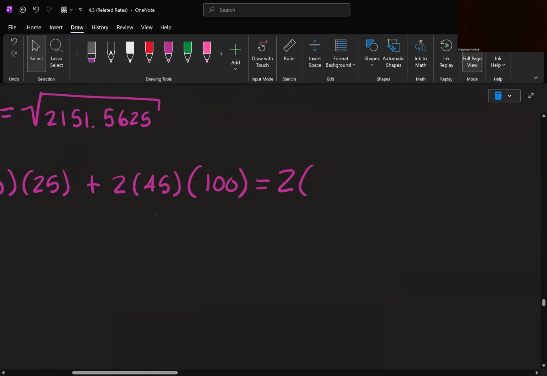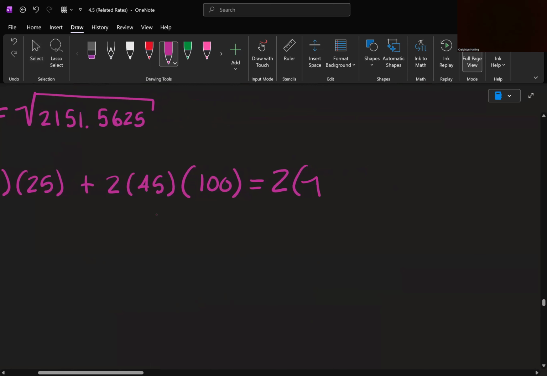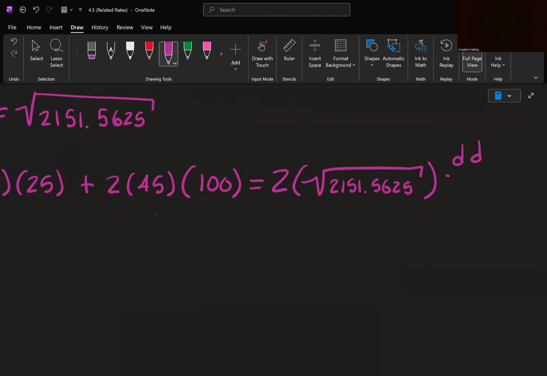That is the square root of 2,151.5625. Finish my radical. And dD/dt.